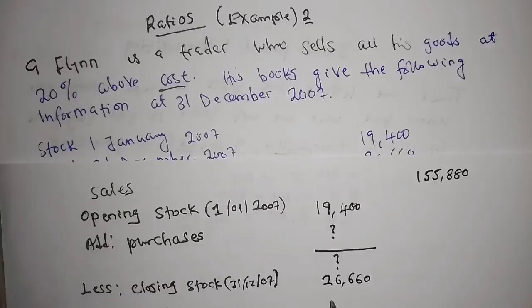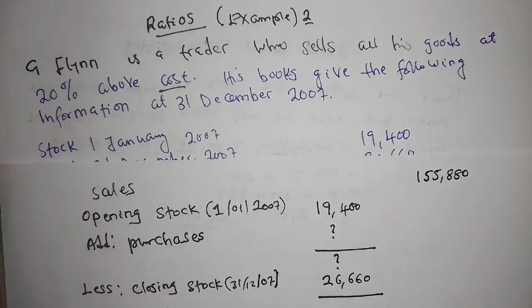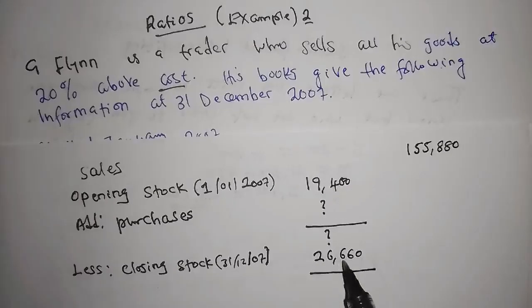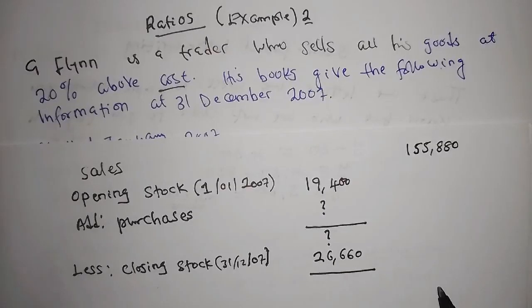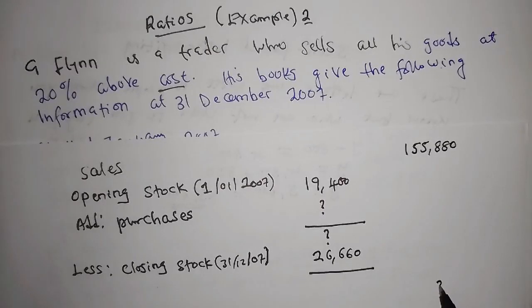So we don't actually need to subtract there, and the value we get from this minus this is a question mark.